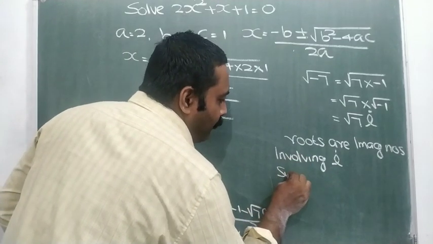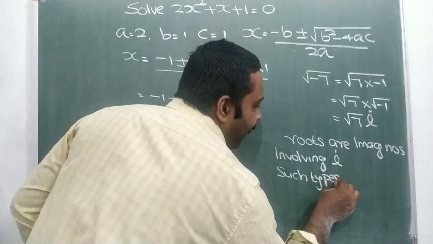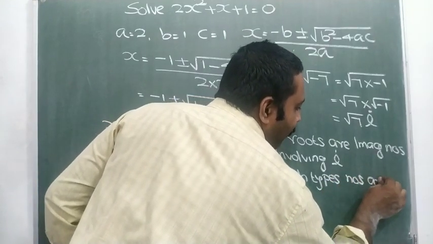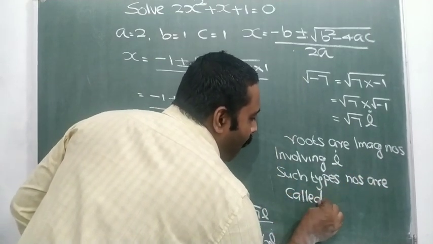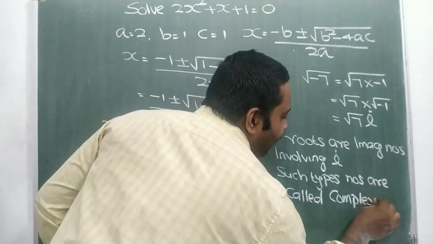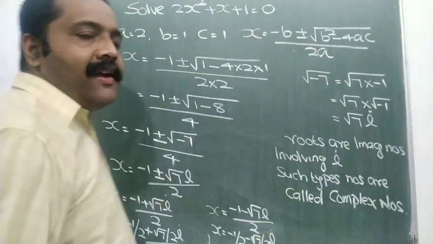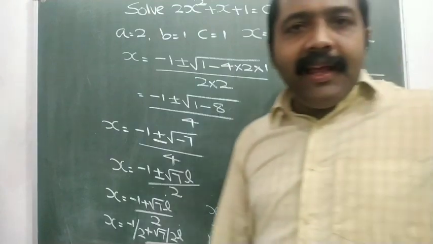Such types of numbers are called, what numbers are they called? Complex numbers. Such types of numbers are called complex numbers. Okay, clear? Note.